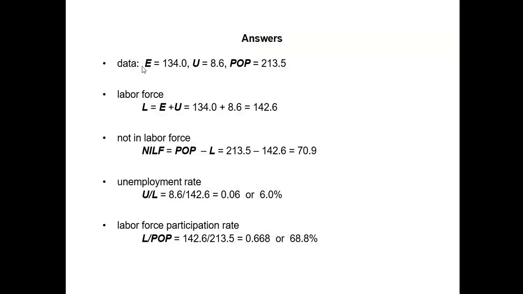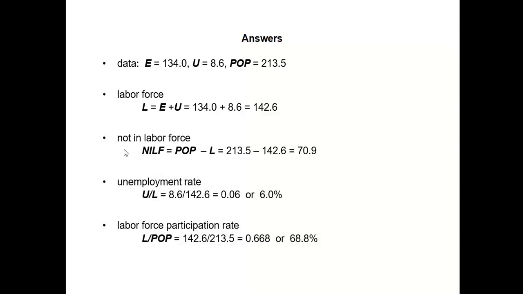Data is given. Employed persons are 134.0 million, unemployed 8.6 million, and total population is 213.5. So in order to calculate labor force, the formula is employed plus unemployed, that is 134.0 plus 8.6. So we get 142.6 million as labor force.